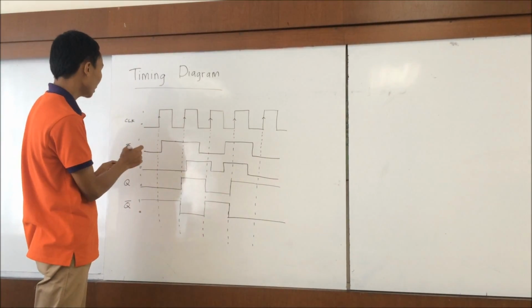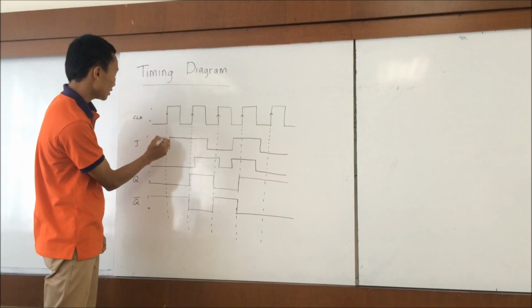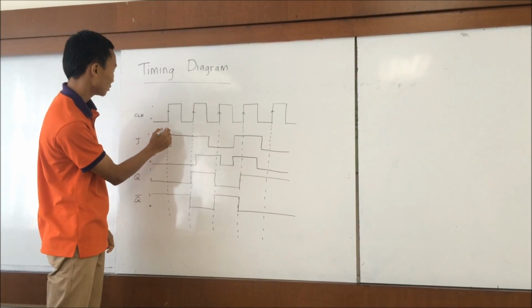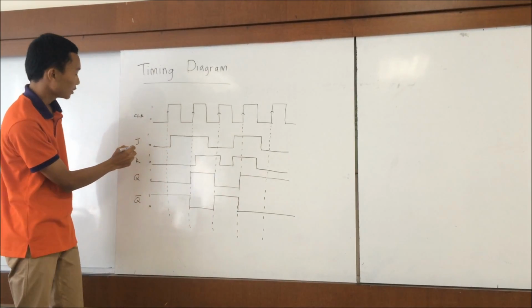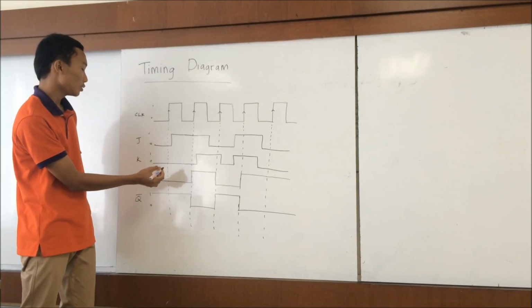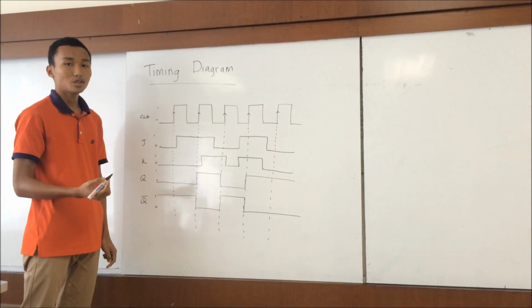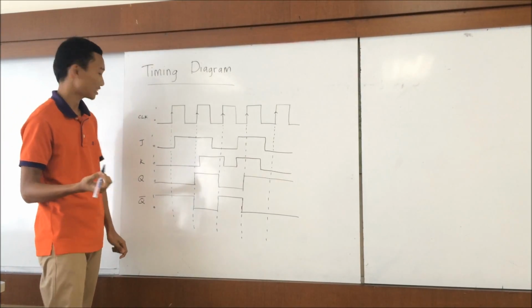For the input of JK, we need to refer to the line of the clock, the dotted line. For this dotted line, the value of J is 0 and K is 0. So for 0, 0, the condition is no change, right?